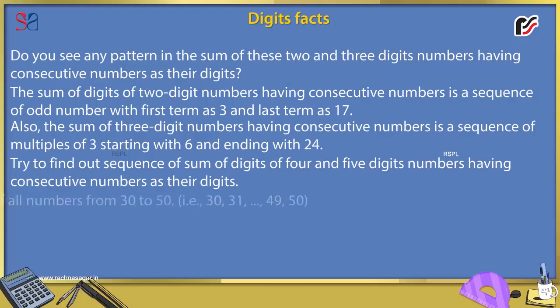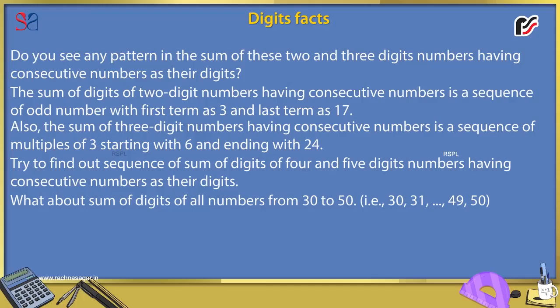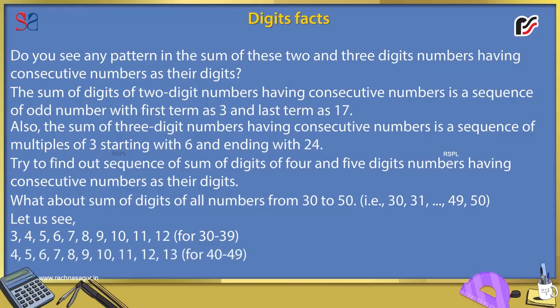What about the sum of digits of all numbers from 30 to 50, that is 30, 31, up to 49, 50? Let us see: 3, 4, 5, 6, 7, 8, 9, 10, 11, 12 for 30 to 39. 4, 5, 6, 7, 8, 9, 10, 11, 12, 13 for 40 to 49.